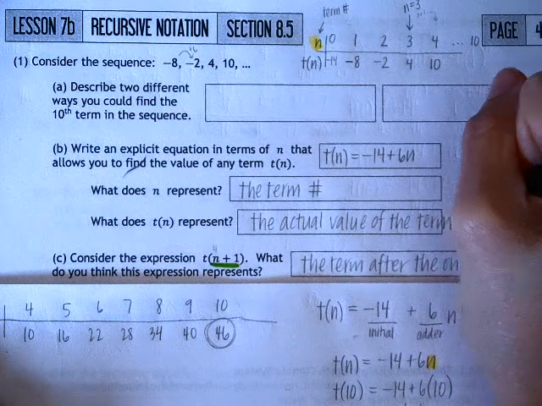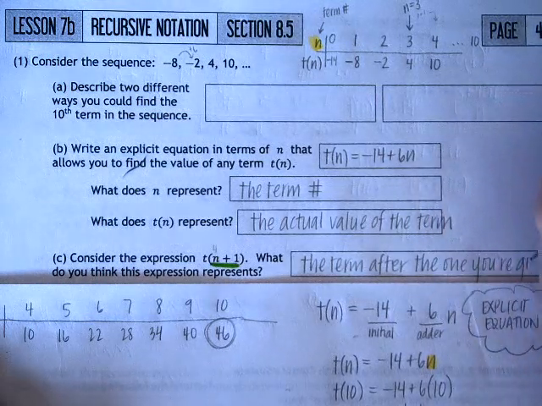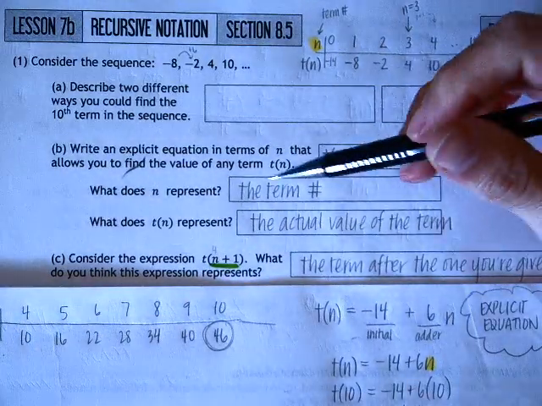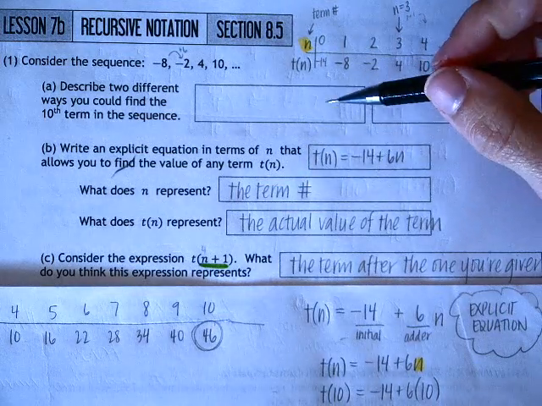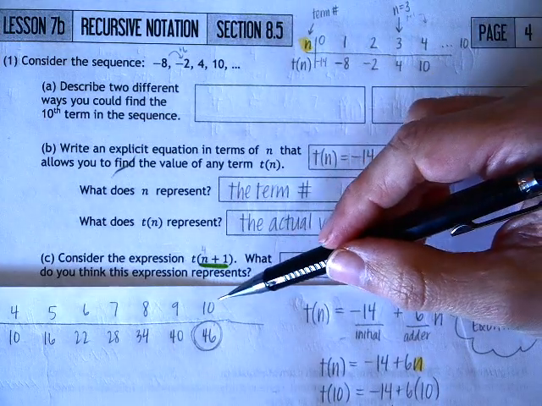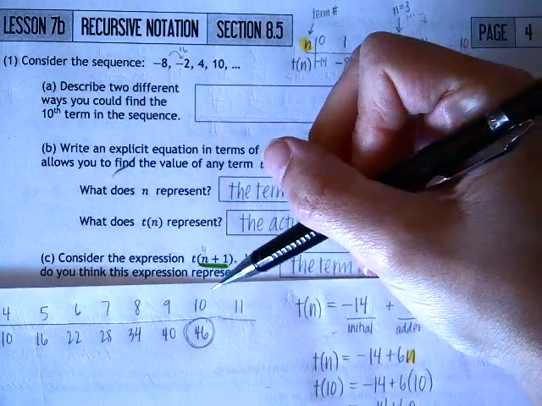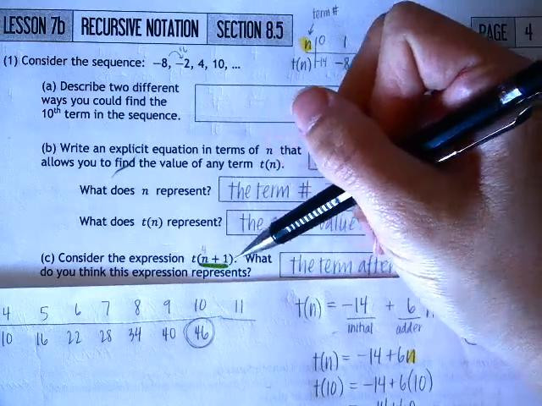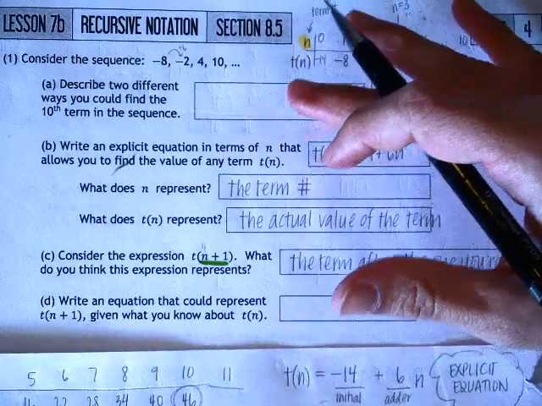And I'm writing this, but hopefully you can rephrase this in your own words. If you're given n equals 2, n plus 1 is term 3. If you're given n equals 10, n plus 1 is term 11. So n plus 1 just means the next one. Think of n plus 1 as meaning next, if you want to think of it in that phrasing.